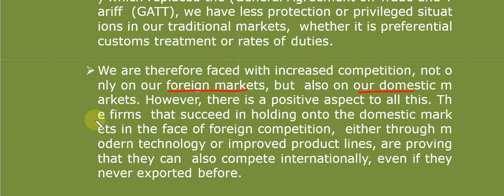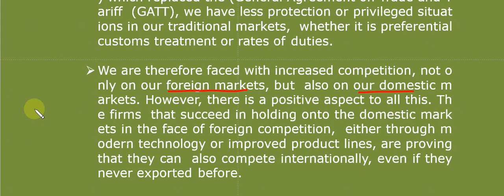The firm that succeed in holding into the domestic market in the face of foreign competition. Understand? Because the foreign company also jumped in our domestic market without additional tariff.